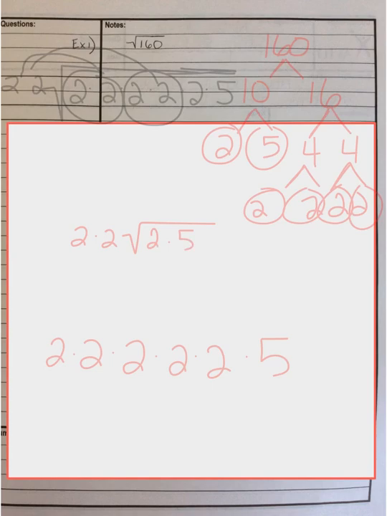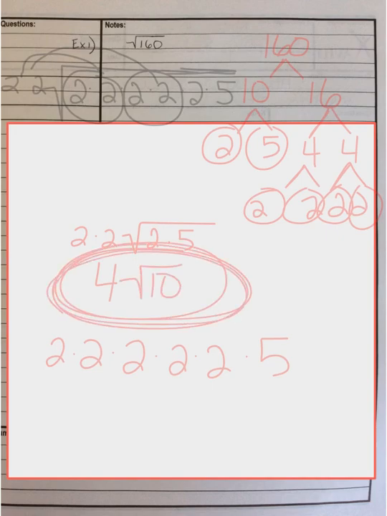So 2 times 2 is 4, and you have 10 left on the inside. And that is your simplified radical. That's it. We are pulling out our perfect squares. Some of you might see the perfect squares and not have to write down all of your prime factorization. Let's look at another example.